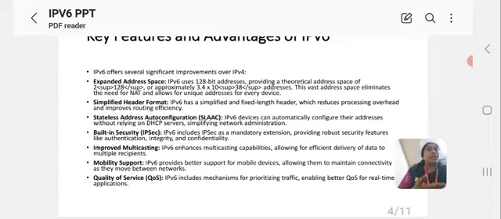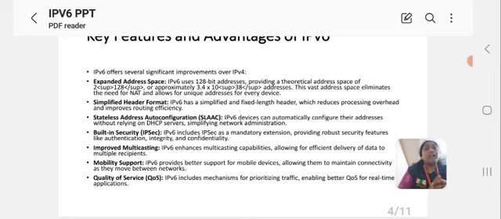The expanded address space: IP version 4 has only 32 bits, so we are only able to use about 4.3 billion IP addresses. IP version 6 has 128-bit addressing, so we have a huge number of addresses. This is the main advantage of IP version 6.